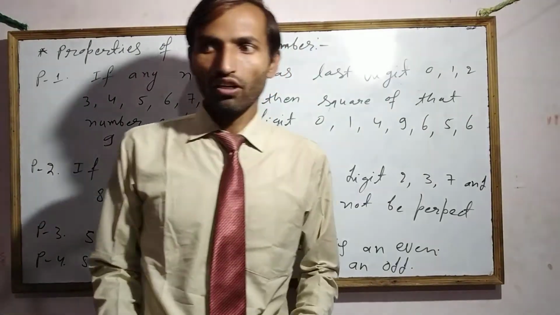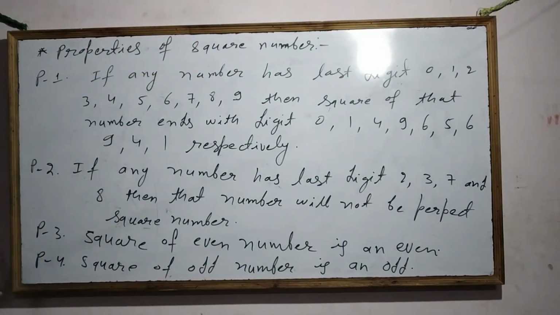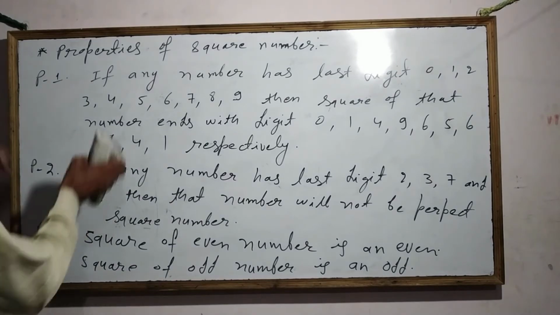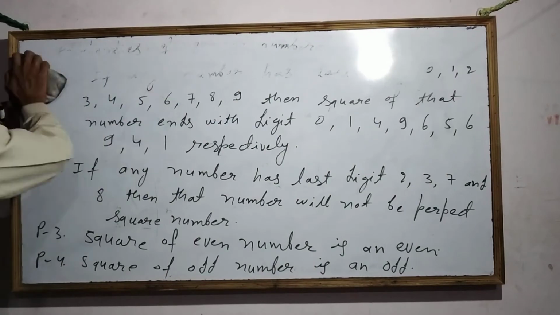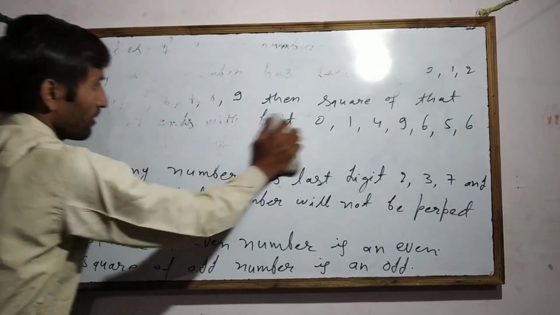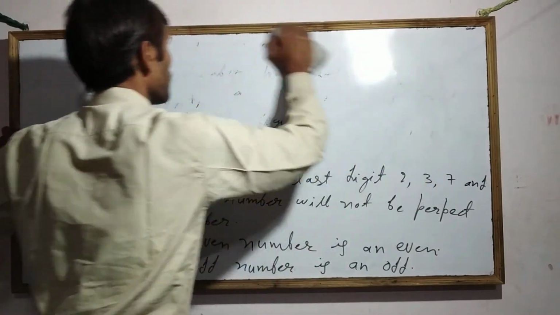Now I want to explain Pythagorean triplet. Next, our topic is Pythagorean triplet. I am explaining it because it is based on our square numbers only. That's why we are studying that part.